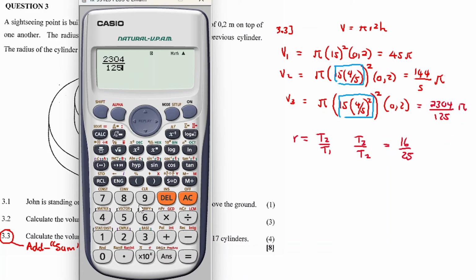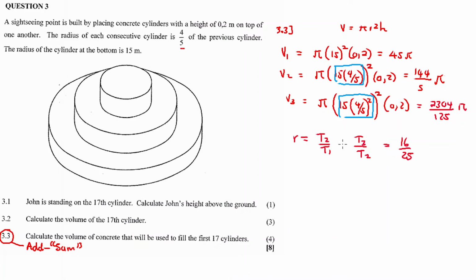Also check with the next ratio, if you do get 16 over 25. So take T3 divided by T2 and see if you get the 16 over 25 as we did with T2 and T1. So yes, confirmed. R is equal to 16 over 25.